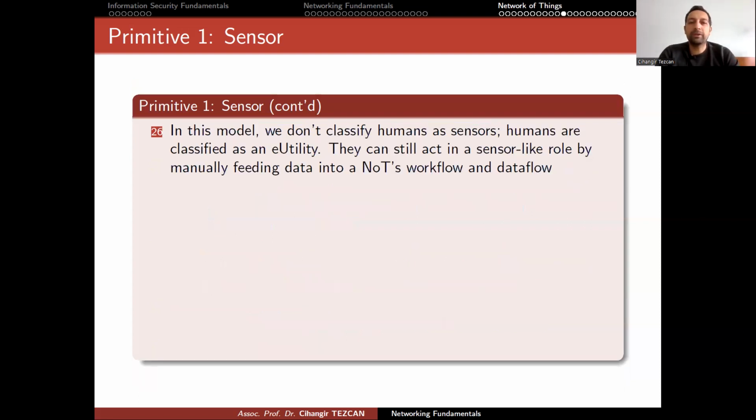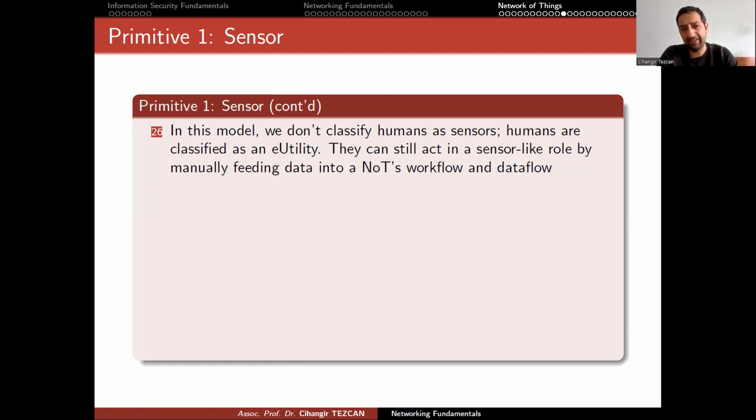So in this model, we don't classify humans as sensors. This is important because NIST doesn't consider humans as sensors, but some other people think that humans also should be considered as sensors in network of things or Internet of Things. But in this course, and as in NIST, we do not classify humans as sensors.